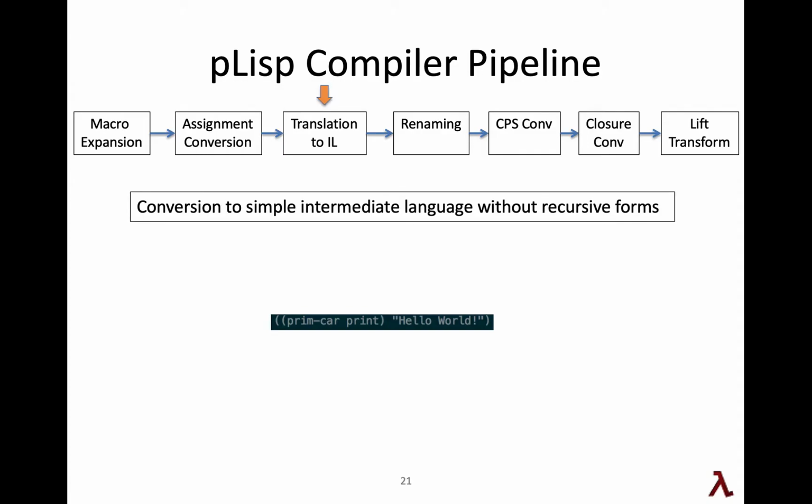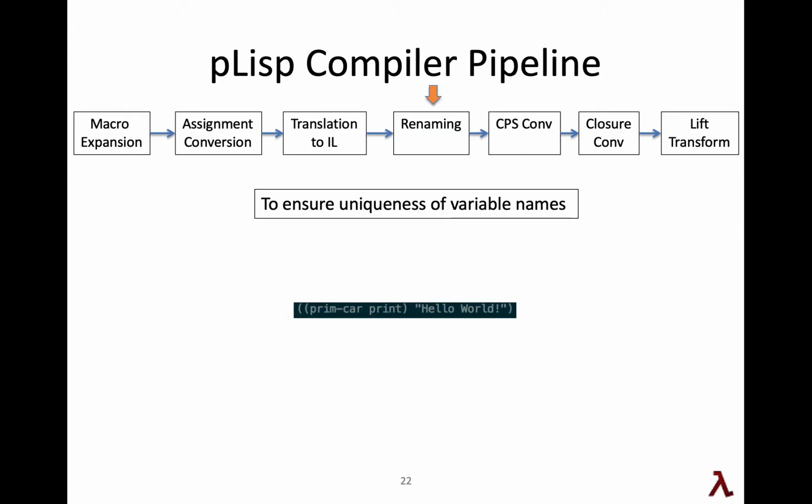Next, we transform to a simpler dialect called intermediate language, which doesn't have recursive forms. After that, we do a renaming pass where we ensure that all the variables are unique. So we use a gensym, similar to the gensym technique, for this.